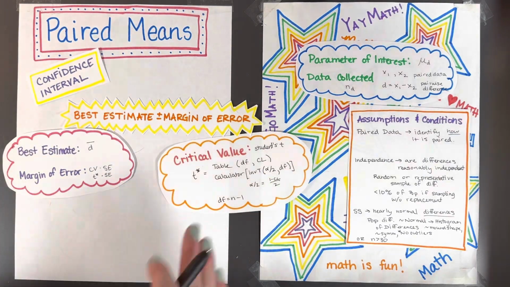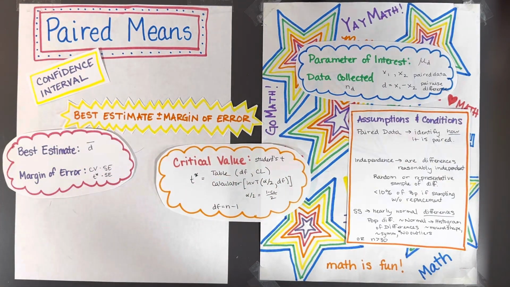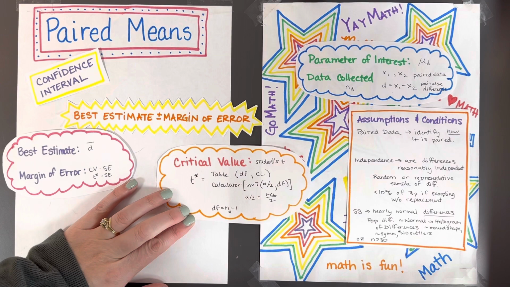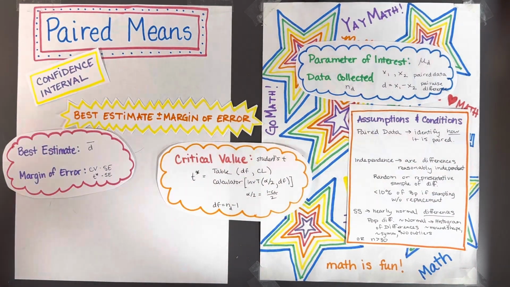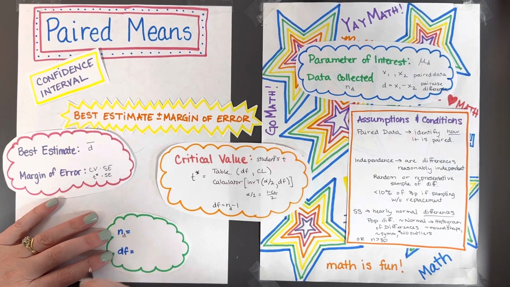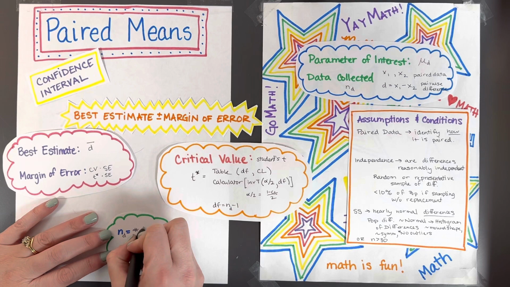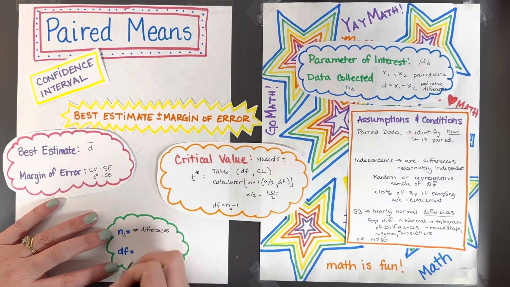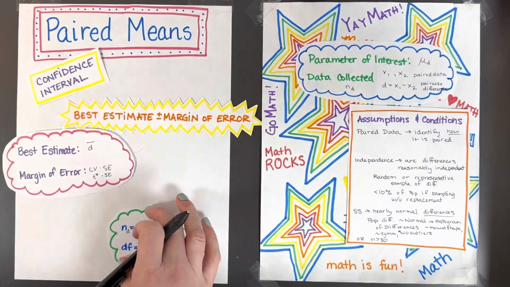Our critical value is going to be the same as it has been so far. Our degrees of freedom will be n sub d, our number of differences, minus 1.